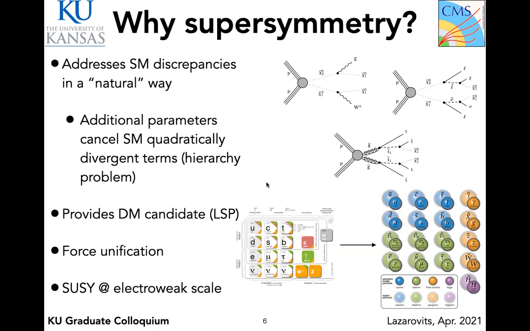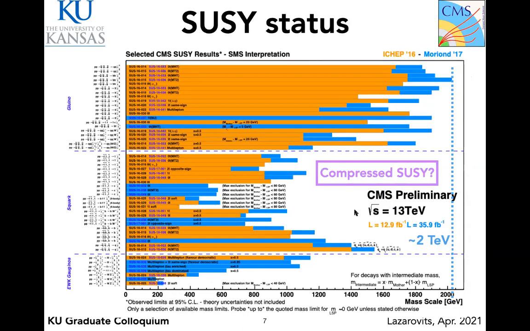And in this analysis specifically, we want to look for supersymmetry at the electroweak scale, because these superpartners, or superparticles, or sparticles for short, should be able to be produced at the current LHC center of mass energy. And so the current status of supersymmetry searches can be summed up in this table here.